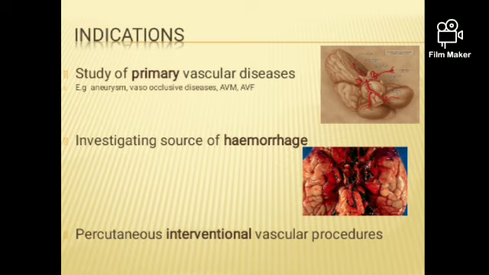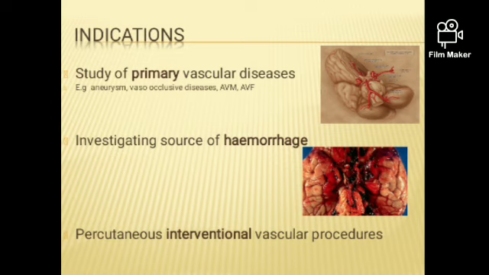Next, among the indications, we can have hemorrhage and strokes. In that case also we'll go for angiography, and also for the intravascular percutaneous procedure. Percutaneous means injecting into the blood vessel. If you have a blockage, we have to remove the blockage.